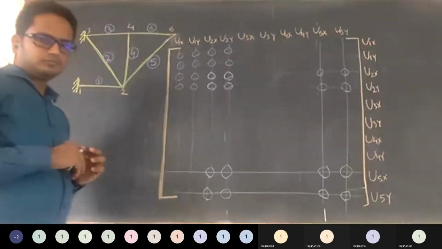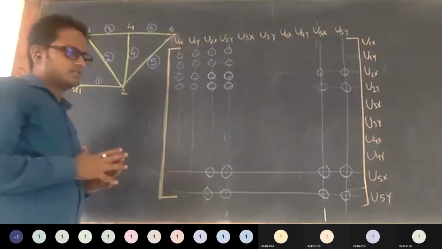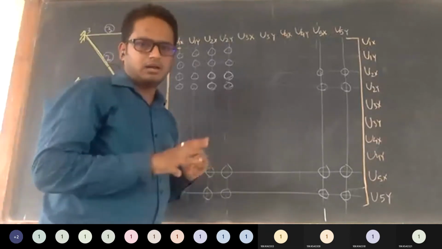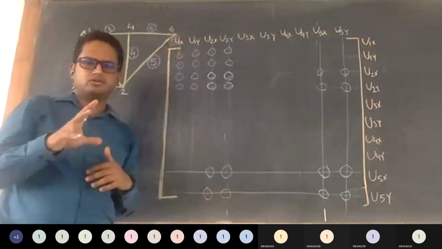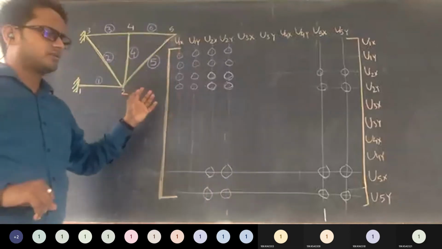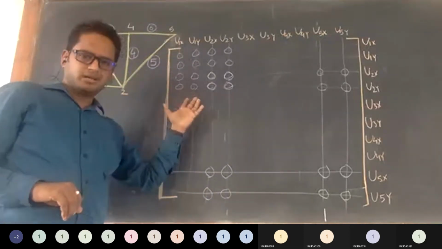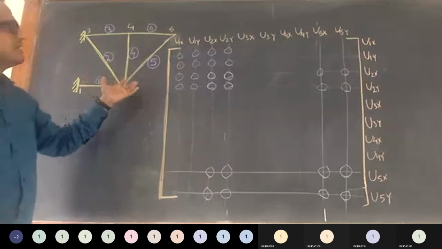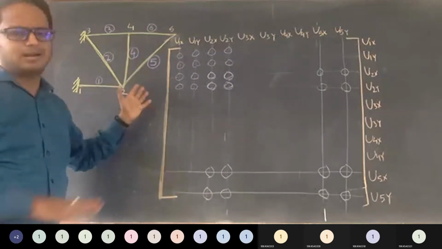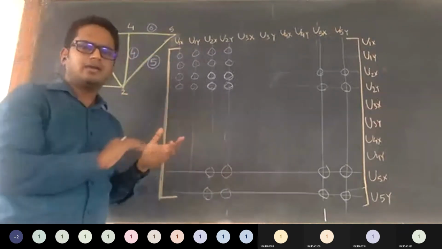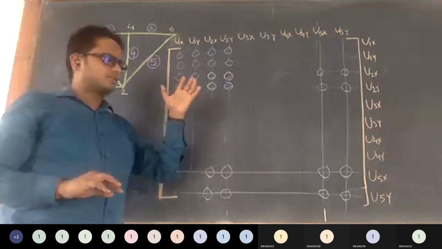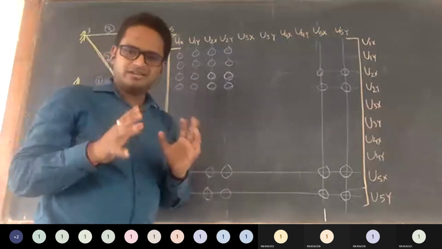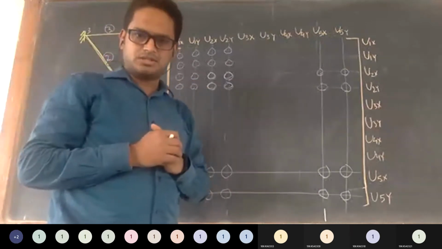My plan for today was that I will just give 10 to 15 minutes of general idea how to solve numericals based on this truss problem. Since we are also observing that here the order of matrix is very high, normally for such topic, derivations are asked in the examinations.